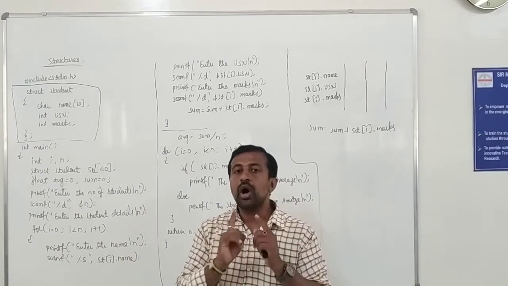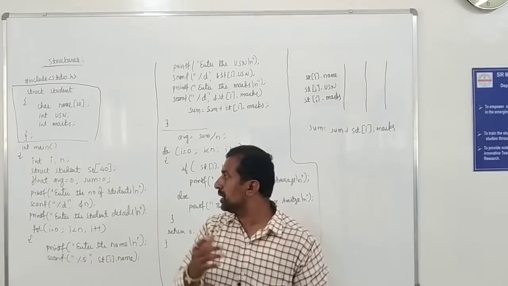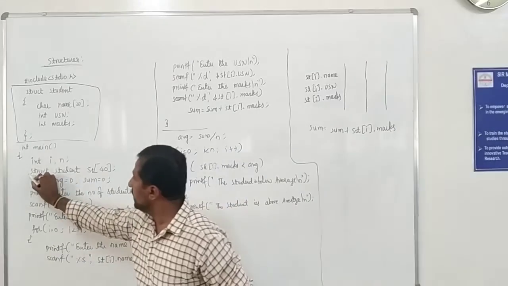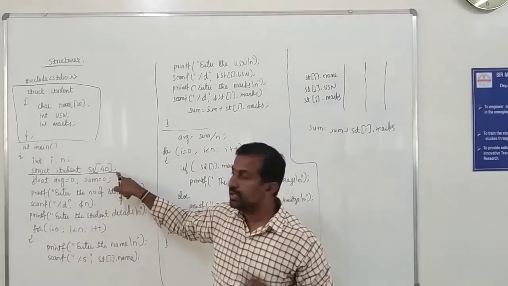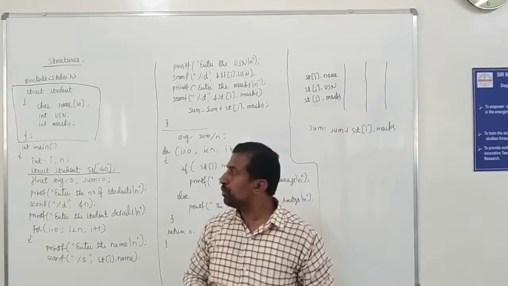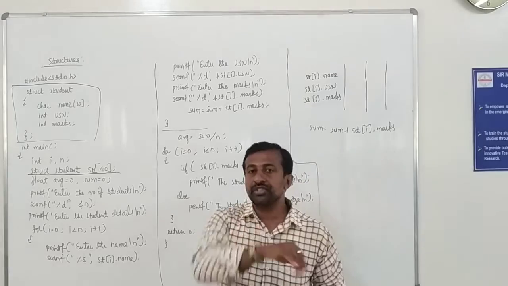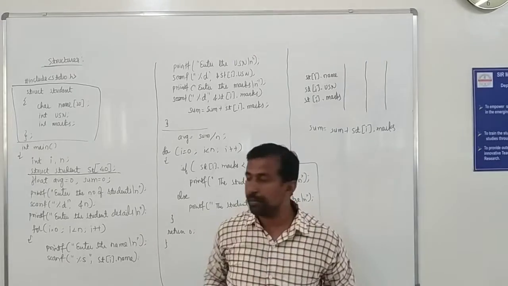Now the question is how to declare the structure variable. You can observe this line inside the main function. This line says how to declare a structure variable. In this program we are writing an array of structures, so we have to declare one structure variable in array style.